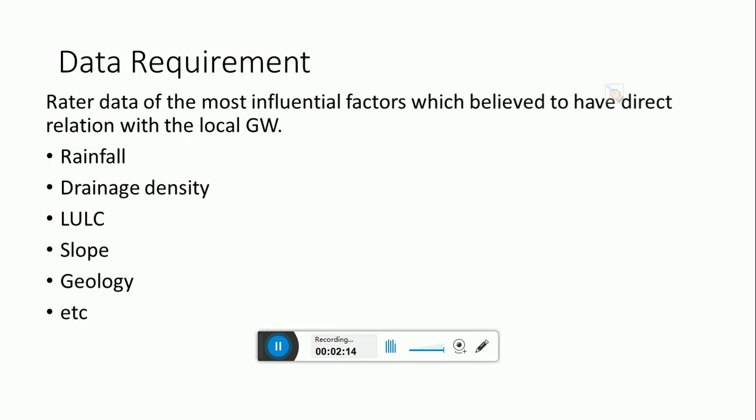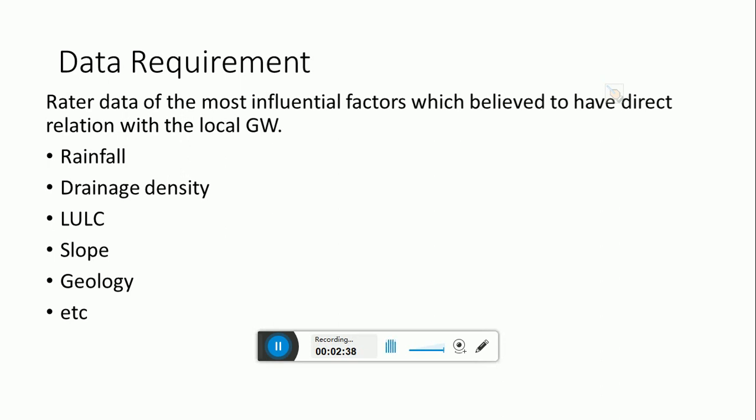Rainfall in one way or another might affect the occurrence of groundwater. Drainage density also will affect the occurrence of groundwater. Land cover change, again slope: the higher the slope, the higher will be the runoff, the lower will be the occurrence of groundwater.